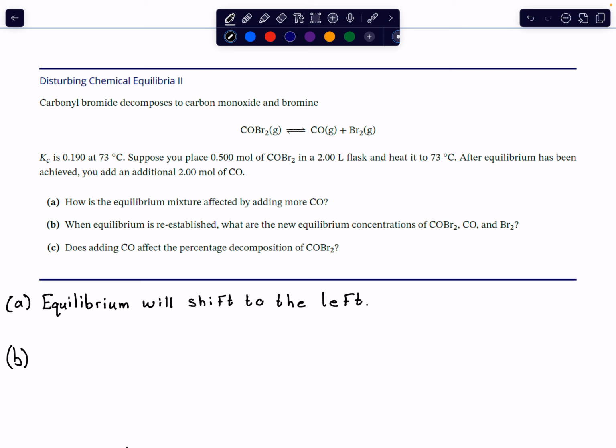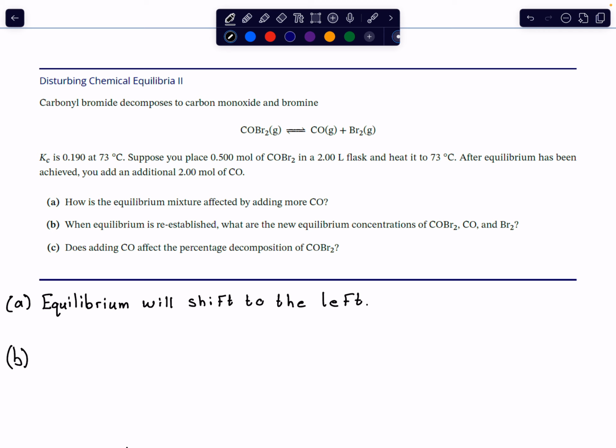And then there is a new equilibrium which we can calculate from that point. So we must calculate those new equilibrium concentrations after the disturbance. So we're going to do a double ICE table to calculate everything.